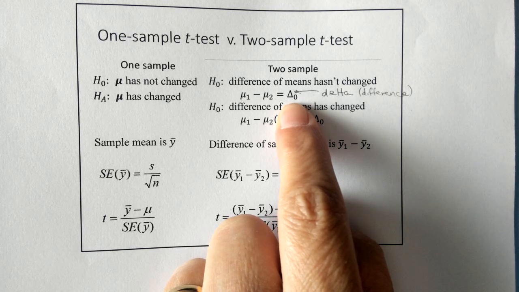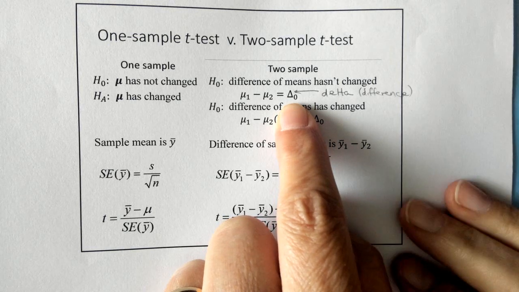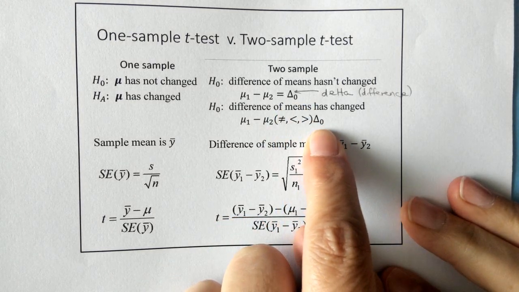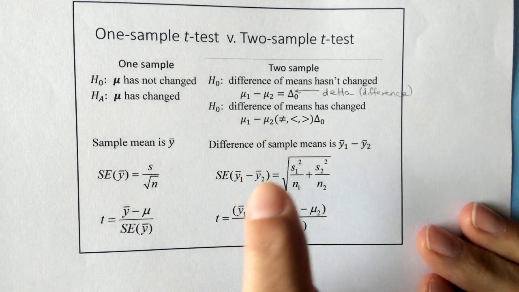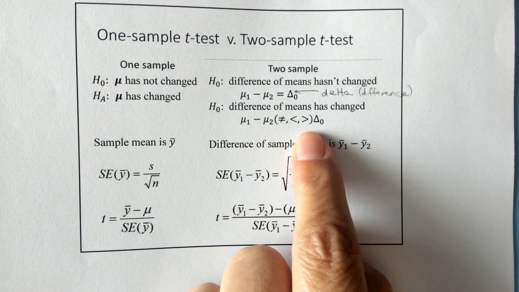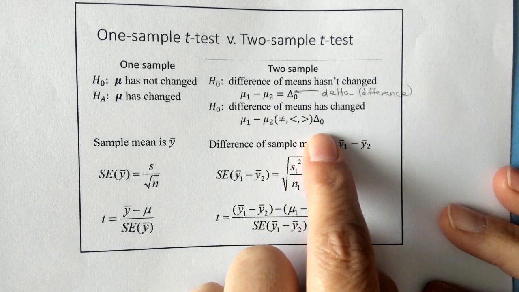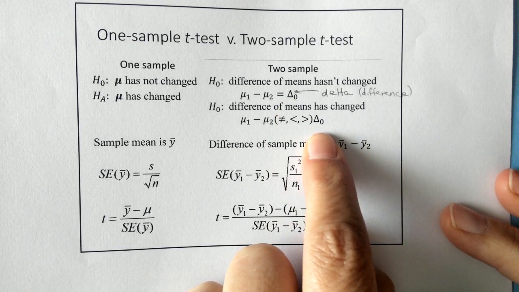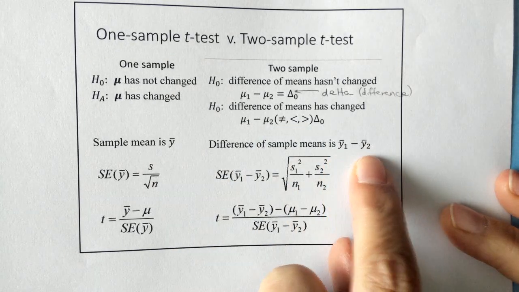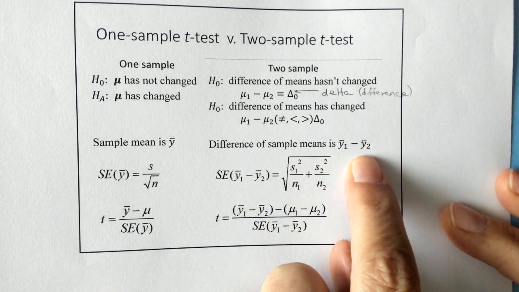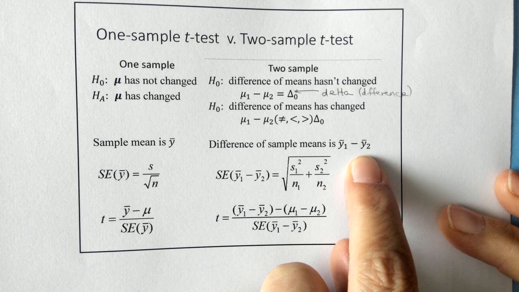If it were a different number, you would be told what that number is. You stick the number in there, and then you use the same number in your alternative with a not equal to, a less than, or a greater than. I think I've only ever seen, since I've been teaching stats, one problem where that delta was not a 0, and it was a 2. The difference in your samples is exactly like the difference in your p-hats looked in Proportion World.